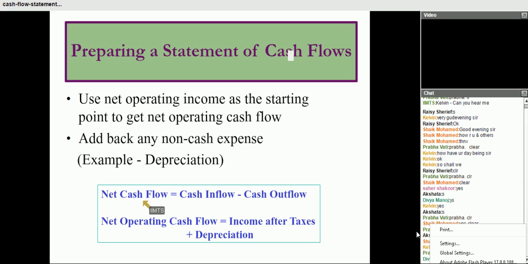So we can get the net cash flow equal to net cash inflow minus cash outflow. Net operating cash flow will be equal to income after taxes plus the depreciation. So you can note these two formulas.